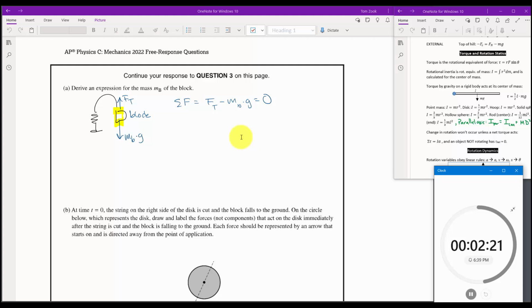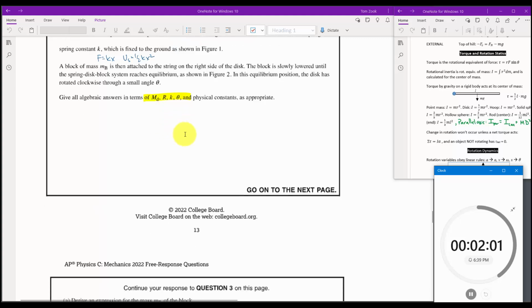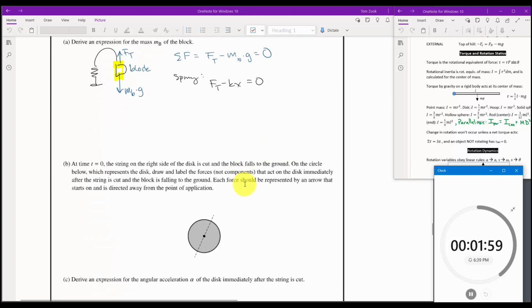I'm going to say for the spring, we're going to have tension up minus the spring force down is equal to 0. And then from there, I think it might just be plugging in and simplifying, maybe, we'll see. I think there's more to it because there's no x in this thing, so we'd have to do a substitution, but we'll stop there for that one.